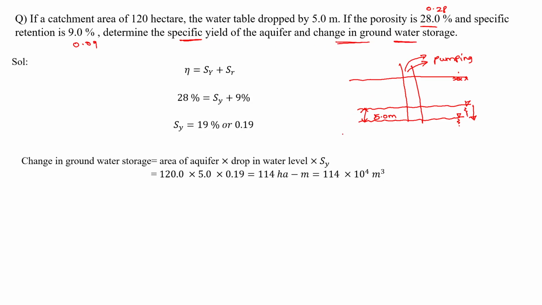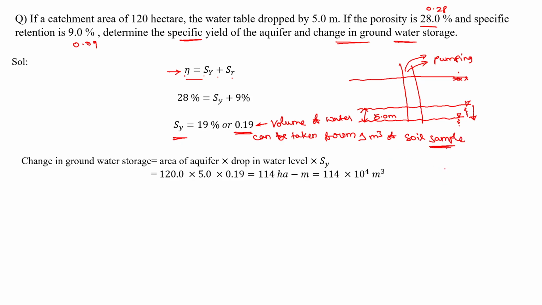How much is the change we observed in the groundwater? This is our interest. From the relation of porosity and specific yield, we can write eta is equal to SY plus SR. From this we can calculate SY as 0.19. This is the volume of water that can be taken from 1 meter cube of soil sample.